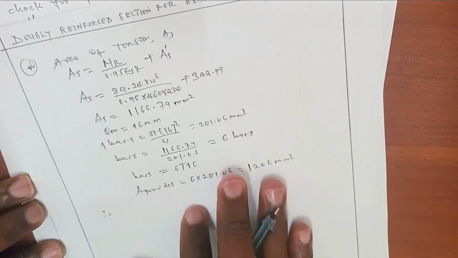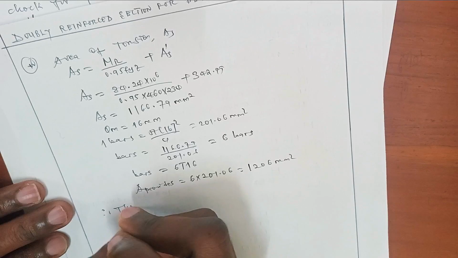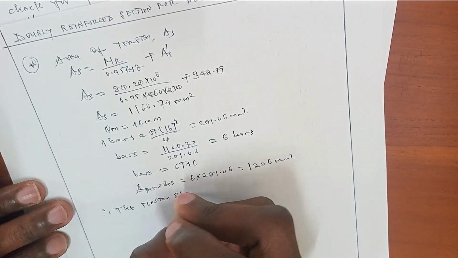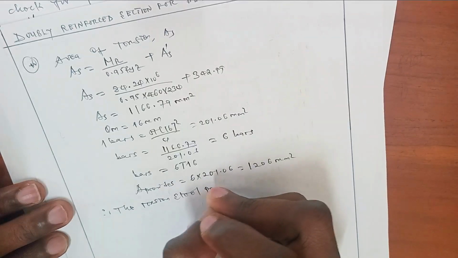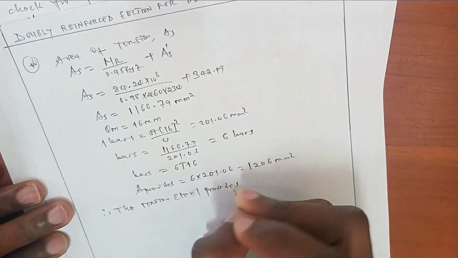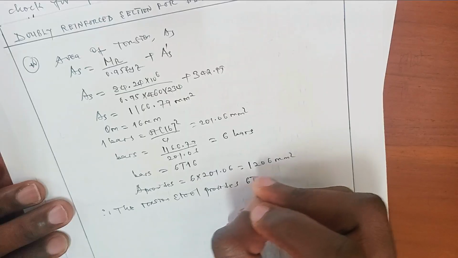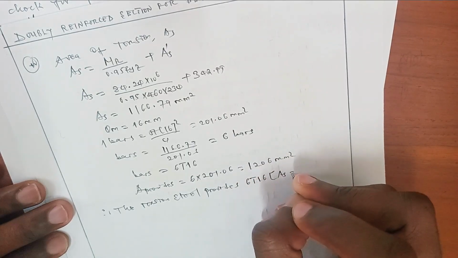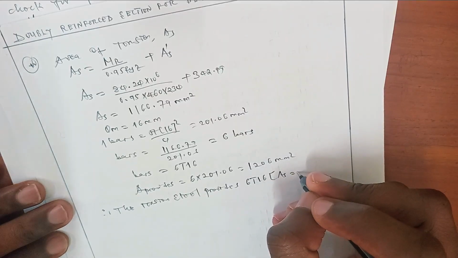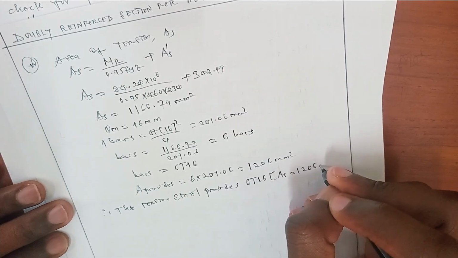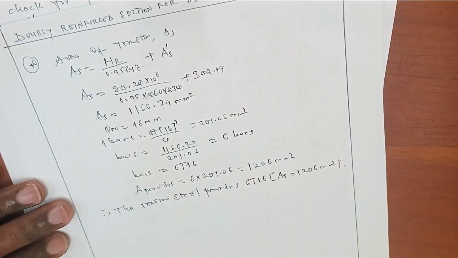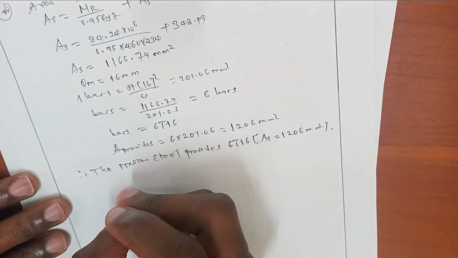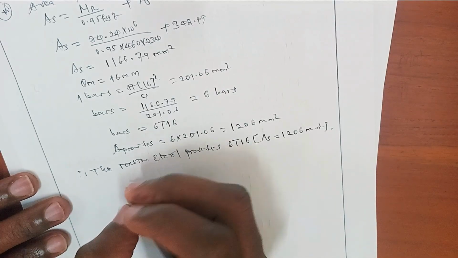Therefore, the tension steel provides 6 bars with diameter of 16, which provides the area of tension of 1206 millimeter square. Now, the next step is to draw the detailing for the section of the beam.